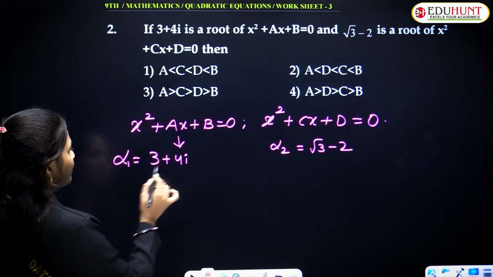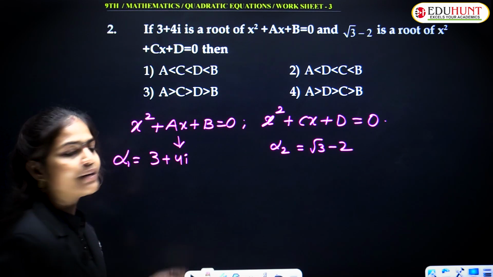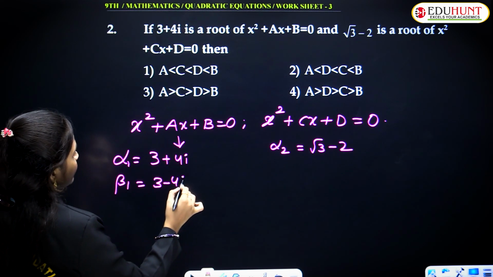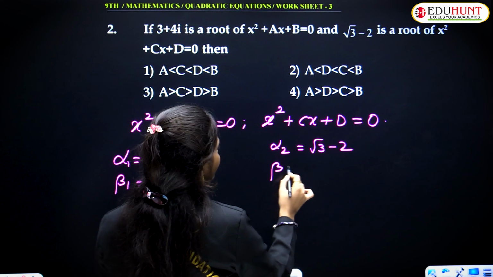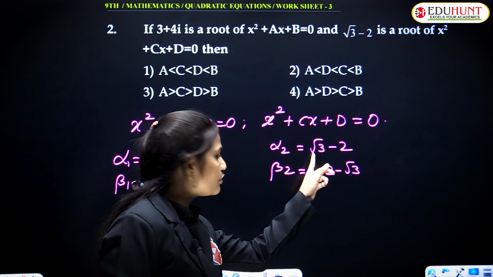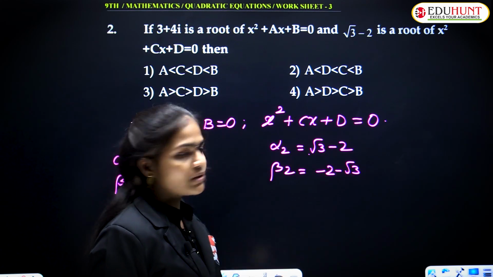One of the roots they gave is a complex number, so we have to take the conjugate root. So beta 1 is equal to 3 minus 4i. And here beta 2 is equal to minus 2 minus root 3. Why? Because here we have to change the sign of root 3 only.